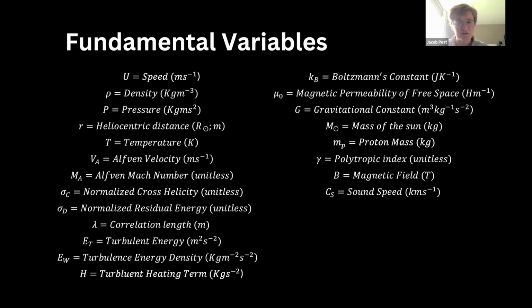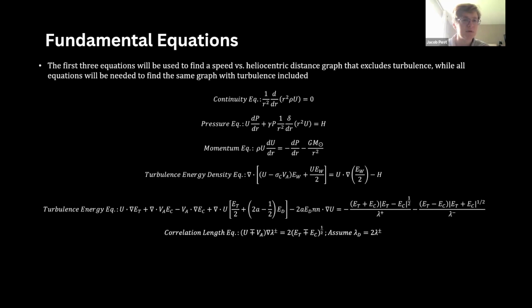As you can see, there is quite a variety of them, based off my estimate about 25 different variables, and each of them will play a factor in their own specific way in the fundamental equations that I am about to introduce. These fundamental equations will be the cornerstone with which I am able to answer the question of how turbulence pressure affects the acceleration of solar wind.